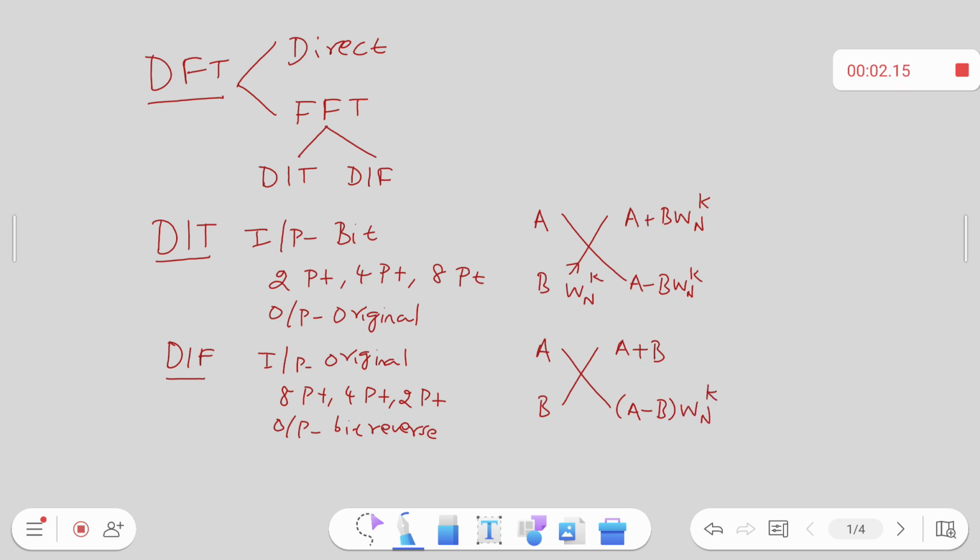So now let us see a small problem. We are considering one sequence x of n, which is 1 2 2 1 and then 1 2 2 1. So this is an 8-point sequence. We are going to calculate this using DIT. So in DIT you have to follow bit reversal order.